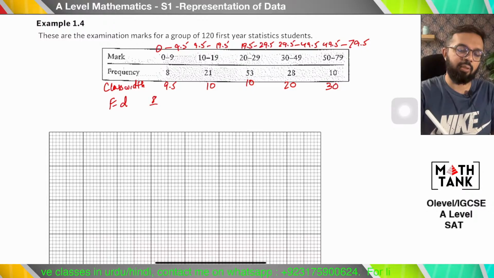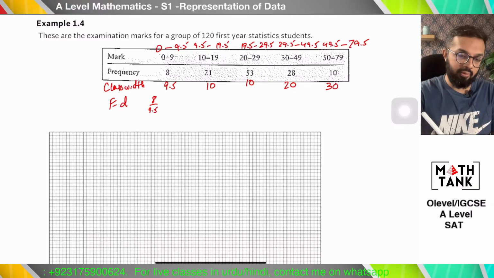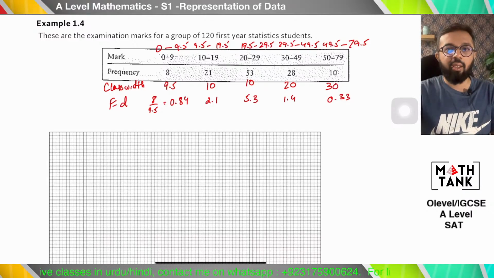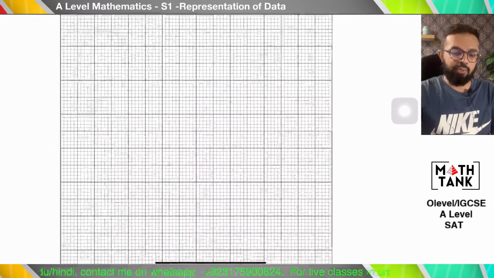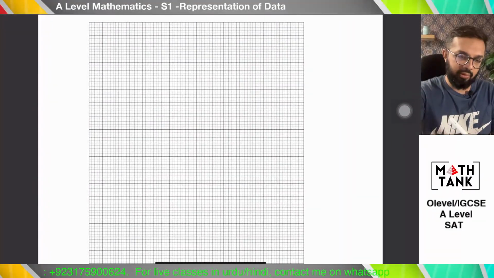So 8 divided by 9.5. So that gives me 0.84, I think, 2.1, 5.3, 1.4 and 0.33. Okay.